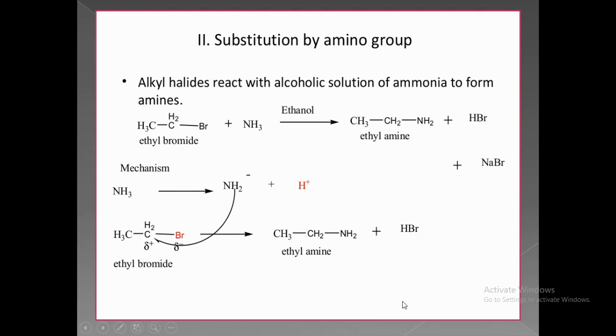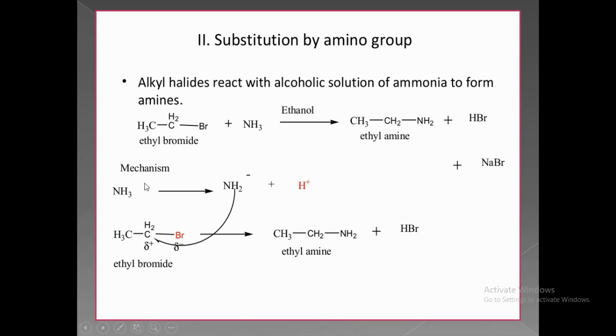Next is substitution by amino group. Here similarly NH3 is the nucleophile, over which the lone pair of electrons is present, and the lone pair of electrons of the nitrogen will attack here over the carbon. The better leaving group is Br, which will be removed easily.